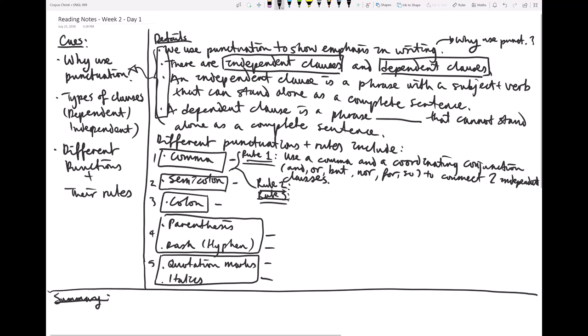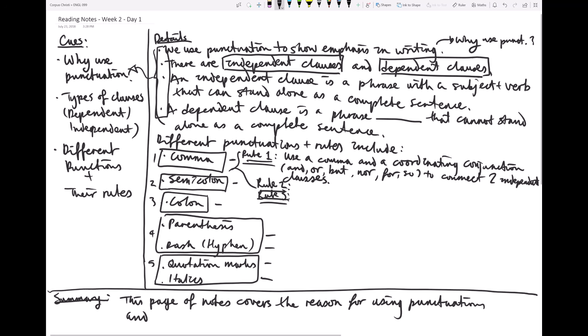And my summary of this would be, this page of notes, I might say, covers the reason for using punctuations and how to use them in writing sentences.